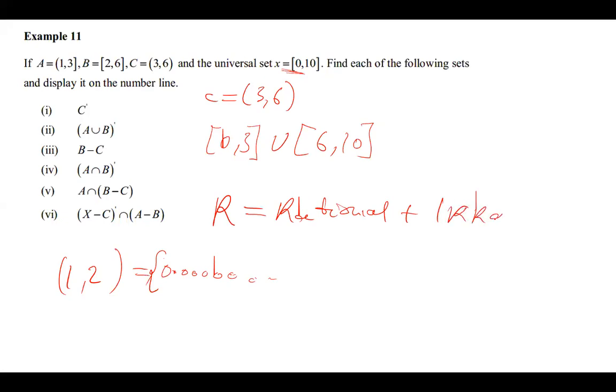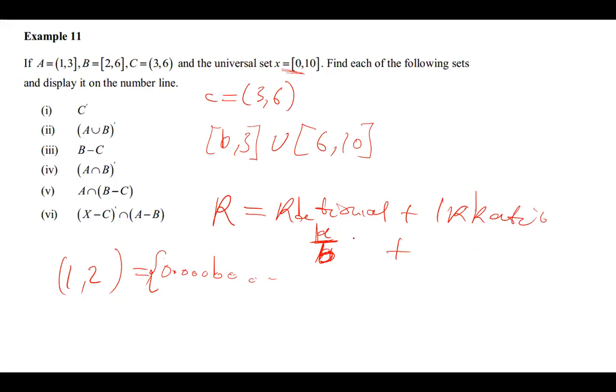Rational numbers are numbers that can be expressed in the form A over B, in a fraction form, just the normal numbers that we know. But irrational numbers are decimal numbers that you cannot express in a fraction form.